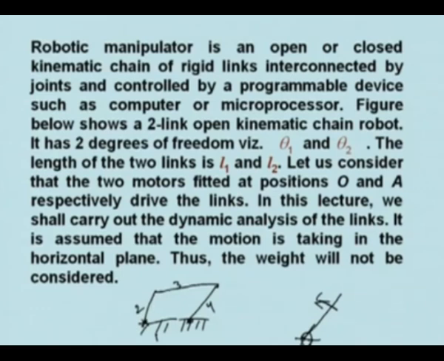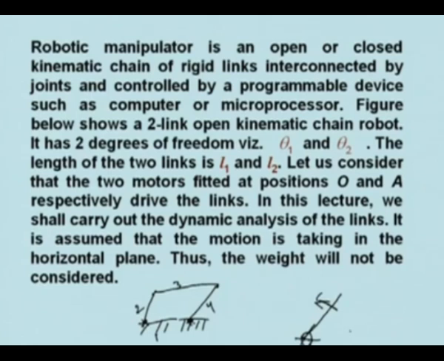Link 1 starts at one point and link 4 closes at that point. So this is called a closed kinematic chain, and its degree of freedom is 1. That means if we give some rotation to 2, then we can know how much 4 will move. And we can have an open kinematic chain also.